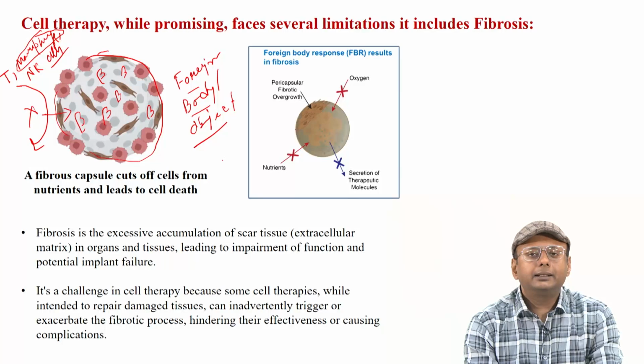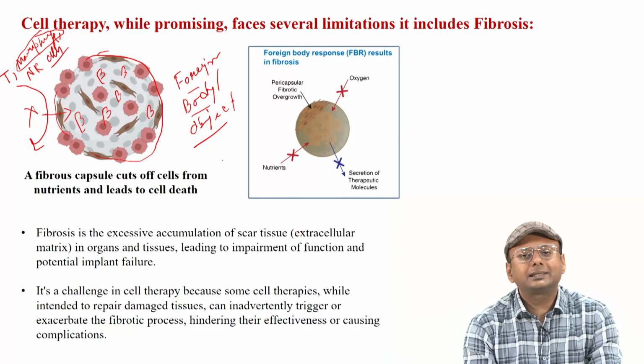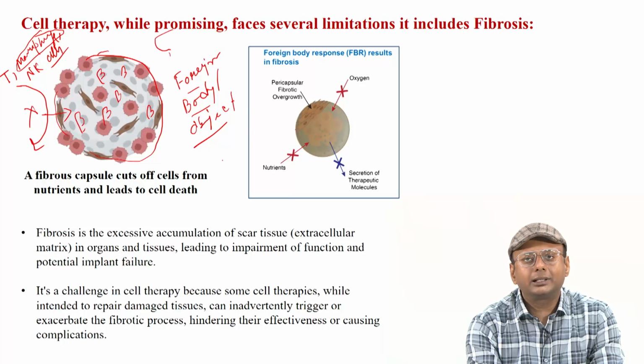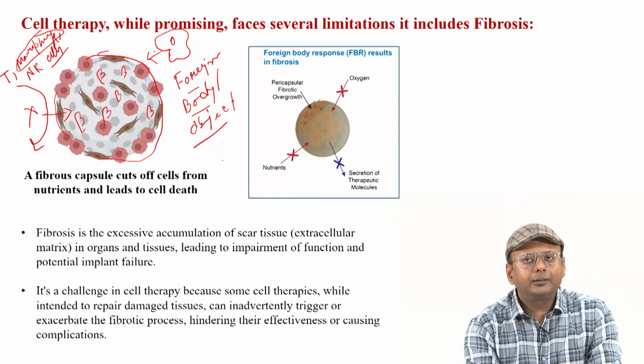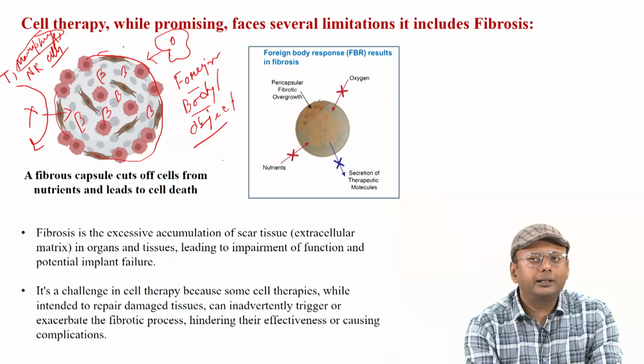So if the T cells and NK cells in the primary immune system cannot penetrate and destroy the inner cells, the macrophage cells will come close to this object, and if they detect that it is a harmful foreign object, and of course the object is so much bigger than the macrophage that it cannot chew or destroy it, it can create a foreign body response, a response of inflammation and eventually fibrosis formation.